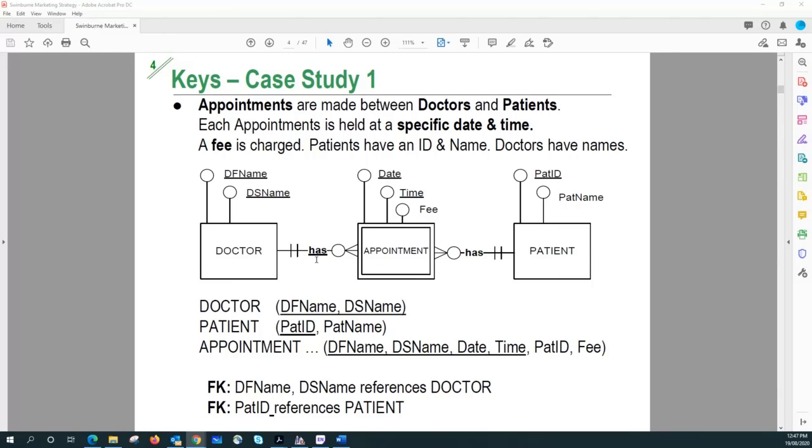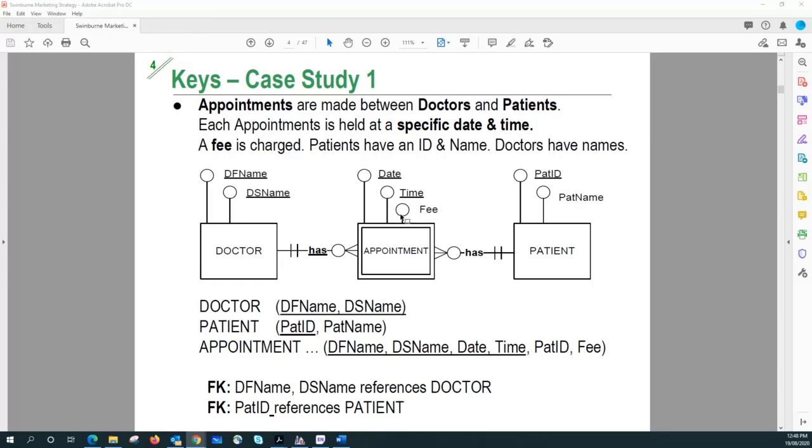So that means there is only one underline on my right hand side, but there is no underline on the left hand side. Okay. So the identifier, or the primary key, is the doctor's first name, doctor's surname, plus the date and the time, right?